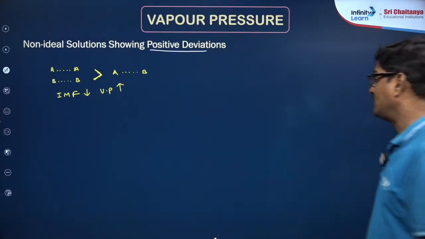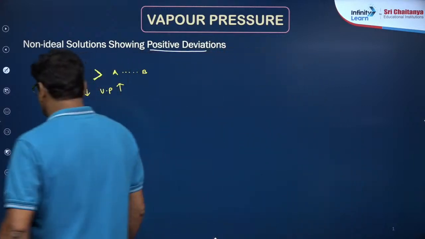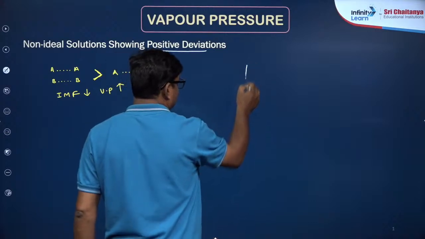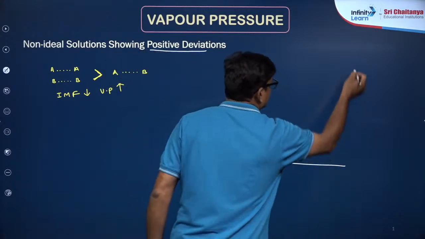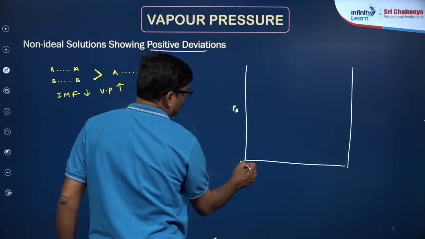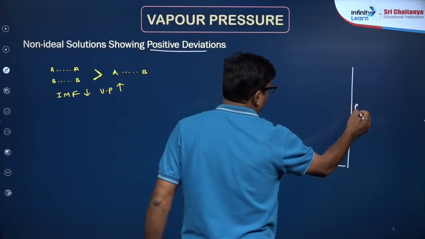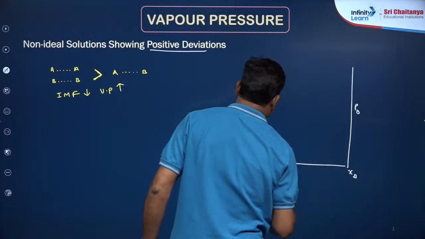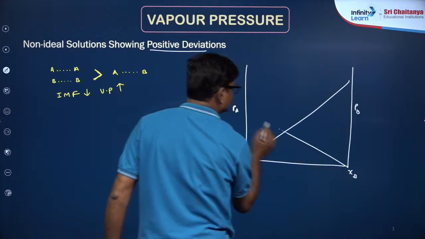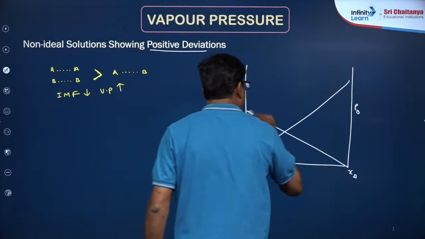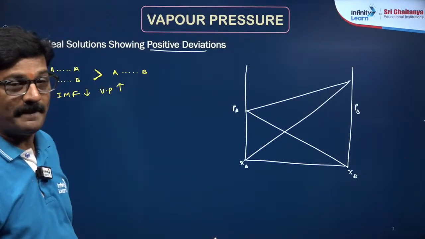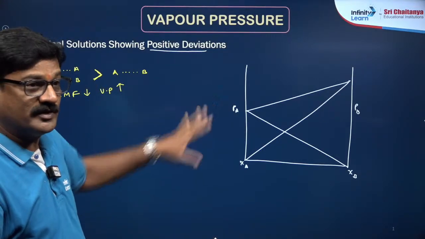Now how do we see the actual vapor pressure curve? That is PA against mole fraction of A, and PB. If it is a straight line, it is supposed to be like this for a hypothetical ideal solution.